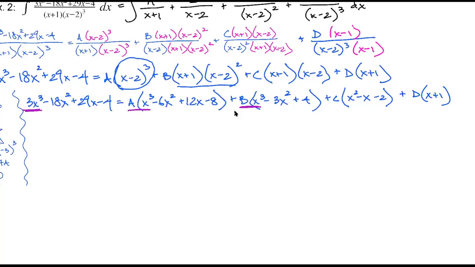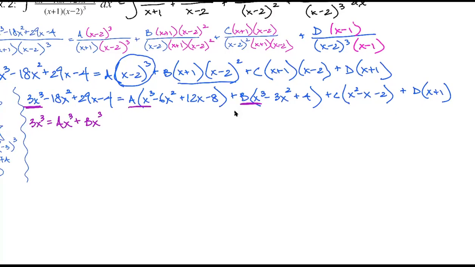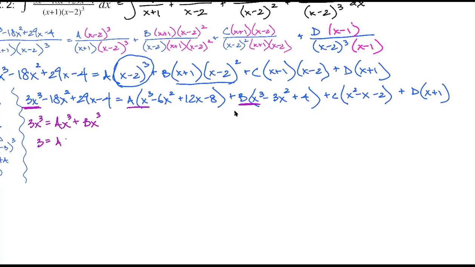So one equation we could write is that 3x cubed equals ax cubed plus bx cubed. But more often than not, we don't even write the x cubed, we just write it as 3 equals a plus b. Okay.